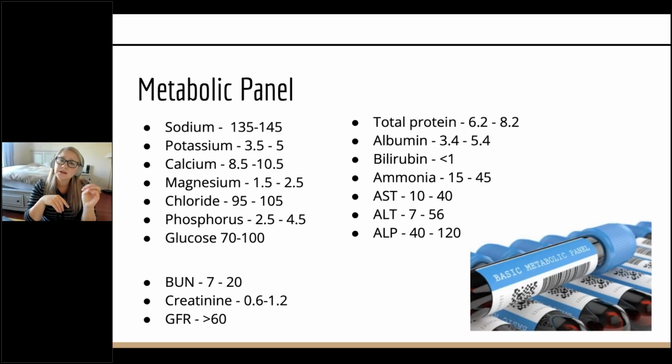Now, the last renal lab I have up there for you, your GFR, your glomerular filtration rate. That's a little bit different than these first two waste products that we looked at. To understand glomerular filtration rate, first you have to know what a glomerulus is. These are the tiny little filters in the kidney.